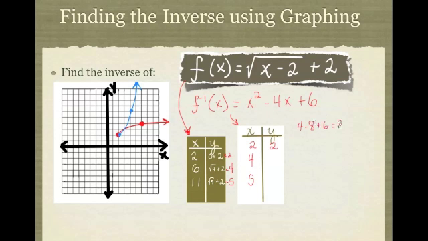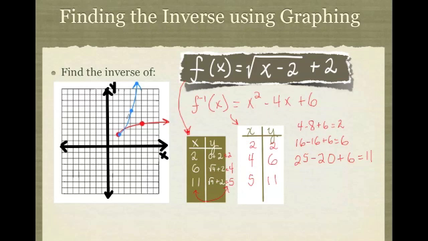And that does equal 2. If I put 4 in, I get 16 minus 16 plus 6 equals 6. And that's what I should get, because remember, I'm reversing my x and y values. If I put 5 into my inverse, I get 25 minus 20 plus 6, which is 5 plus 6, which is 11. And notice these are also reversed.